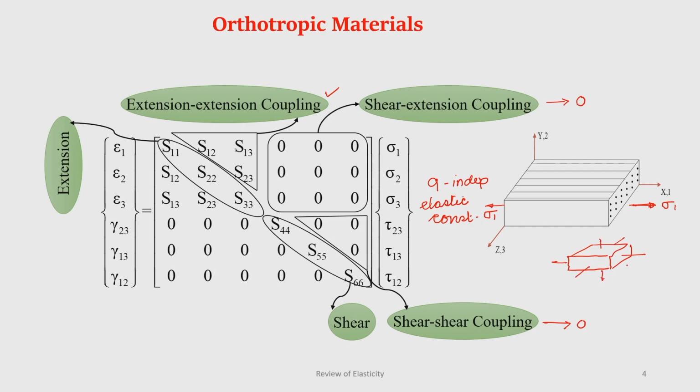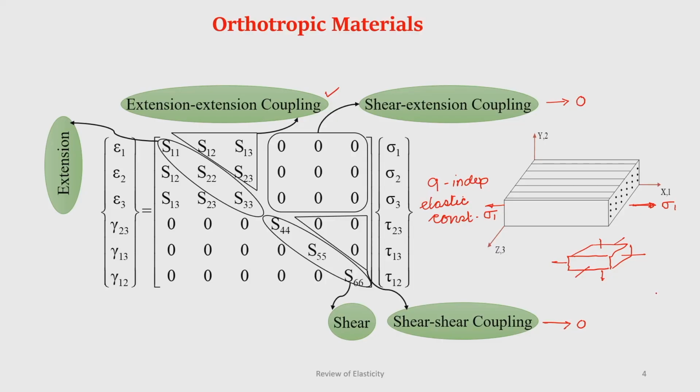As a result of this, there will not be any change in its shape, it will be deformed, but all the rectangular faces will remain rectangular. Okay. There may be some contraction and expansion in the lengths, but its shape will not change if it is subjected to normal stress, because there is no shear extension coupling. We know that the shear is actually responsible for distortion of the shapes.